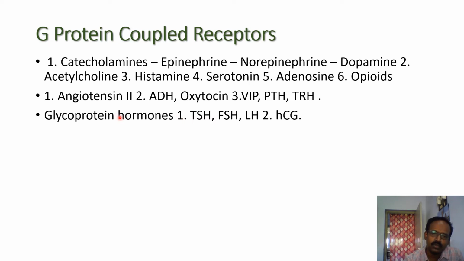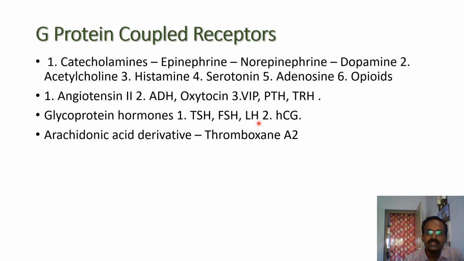And glycoprotein hormones, TSH, thyroid stimulating hormone, follicle stimulating hormone, FSH, luteinizing hormone, LH, human chorionic gonadotropins. So many other hormones also act through the G protein. The arachidonic acid derivatives like thromboxane A2 also act through the G protein coupled receptor.